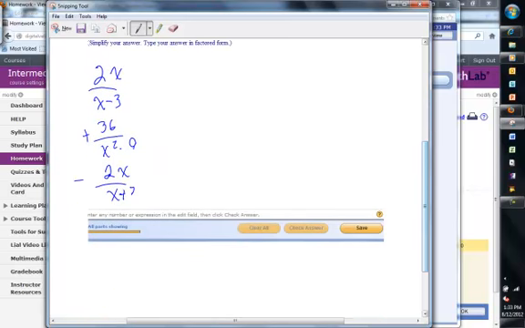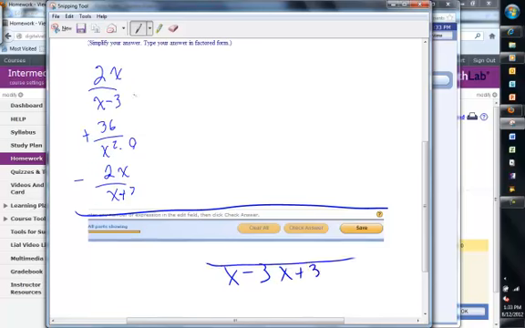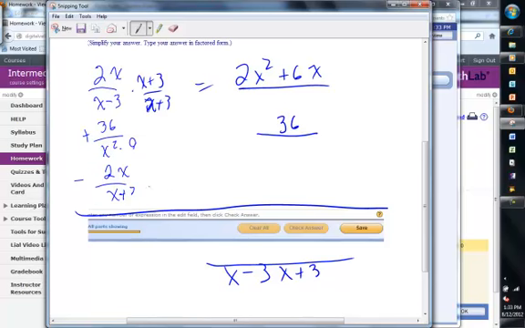Our common denominator is x minus 3, x plus 3. This one is missing the x plus 3 on the top and the bottom. This one is missing nothing, so we get 2x squared plus 6x. This one is missing nothing, so you just have the 36. This one is missing the x minus 3.